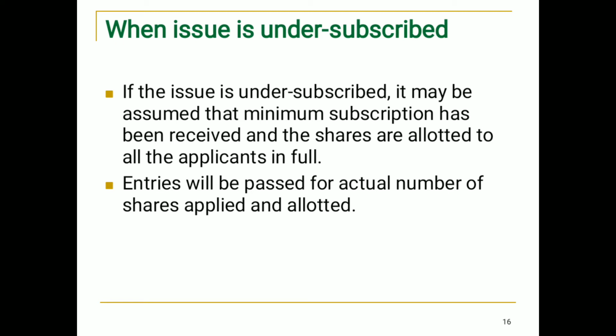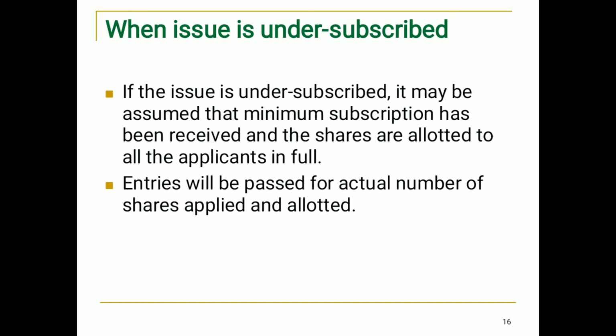But all the shares are not subscribed. A smaller number of shares is subscribed. That means if I have issued 30,000, subscription is received for only 25,000 and I have allotted 25,000 shares to the applicants. That is the case here. So entries will be passed for the actual number of shares applied and allotted.